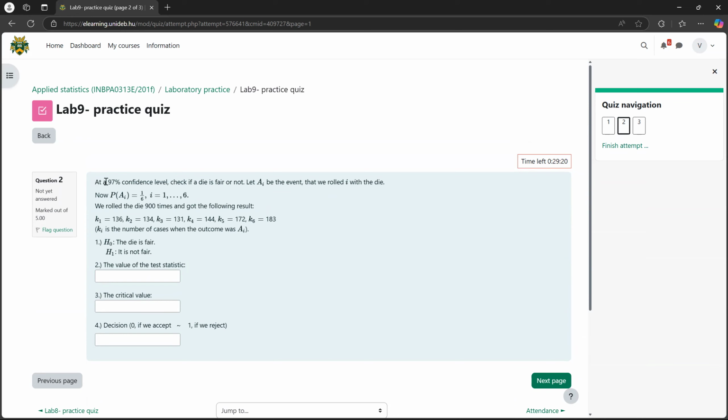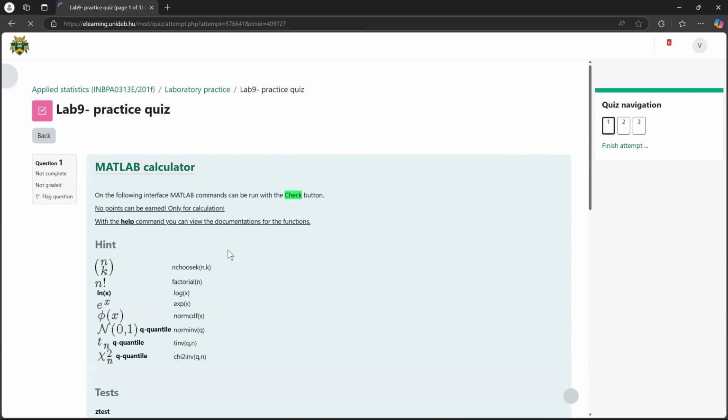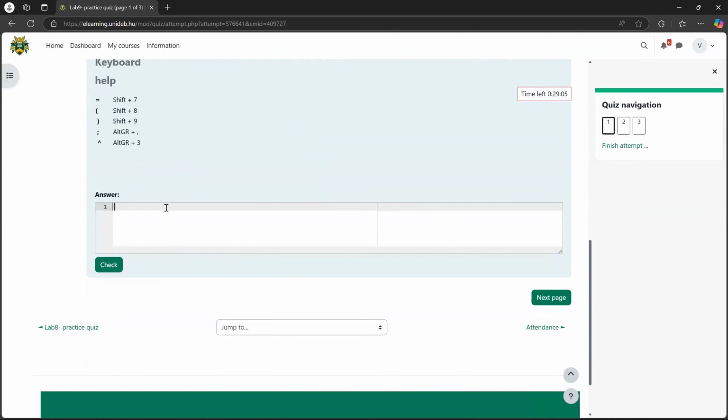So this is important, 97%. Right. So confidence is 97%, which means 0.97.